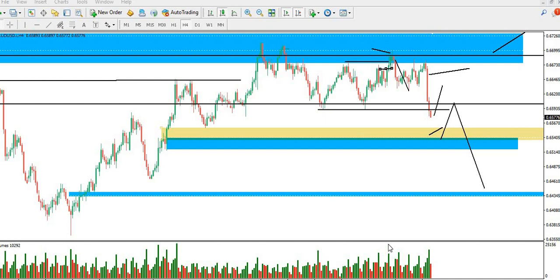So guys, this was about AUD USD. It means that my bias for all the three pairs, the GBP USD, the Euro USD pair and the AUD USD pair, is bearish for the coming week.